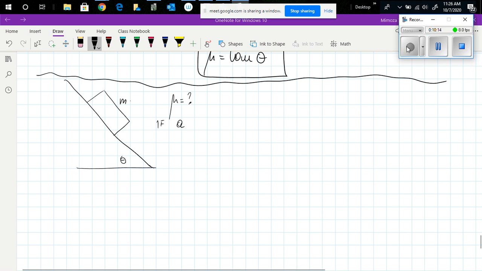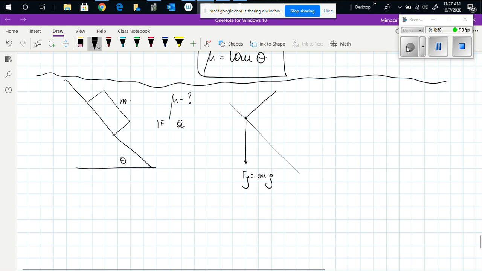So now we again are keeping it as general. We have a mass m placed on an incline, and we are looking for what is the coefficient of the friction so that the object is moving with a given acceleration a. We'll start again drawing the free body diagram. So this will be a force of gravity that is mass times acceleration due to gravity.